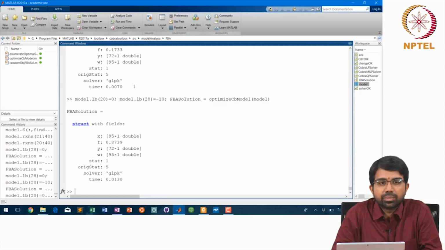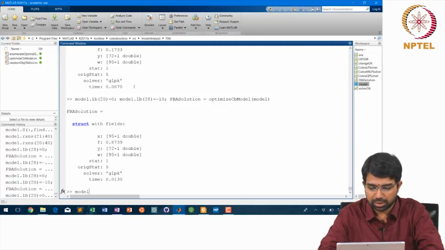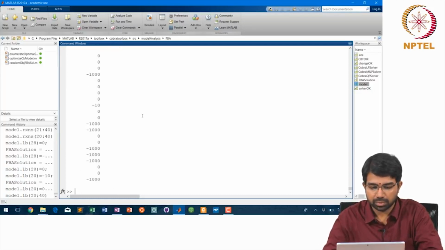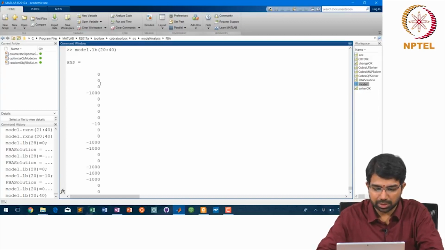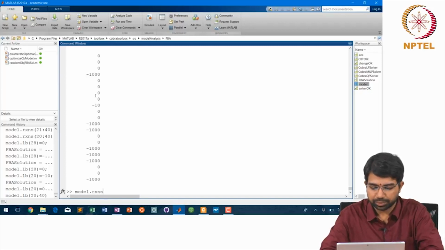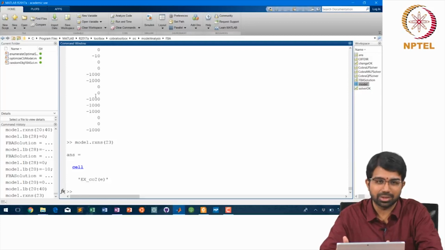So initially acetate was 0 then? Initially acetate was 0. Initially everything was 0. So, it was like this, model.lb 20 to 40. There are minus 1000 also. But those are different things. So, this is 20, 21, 22, 23. That's carbon dioxide.